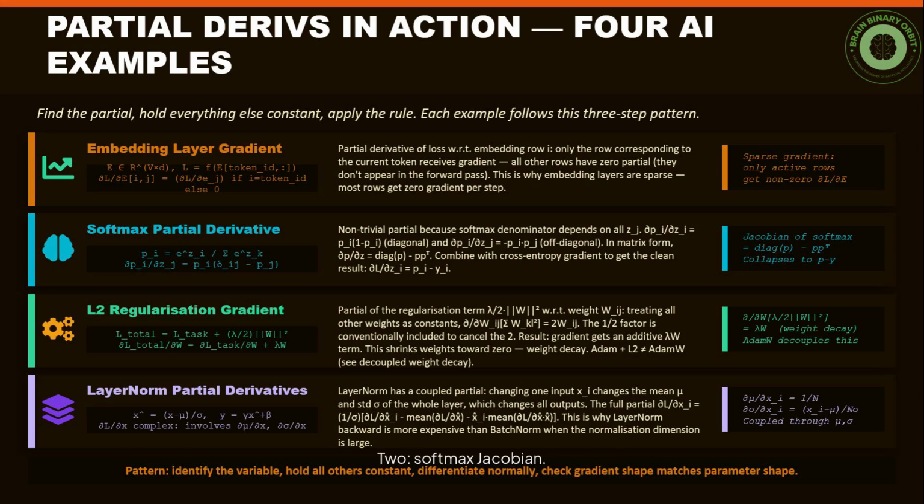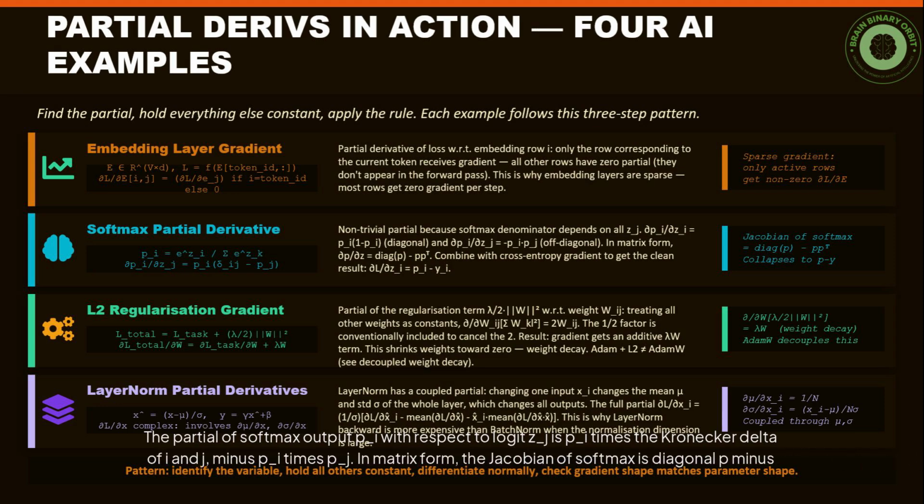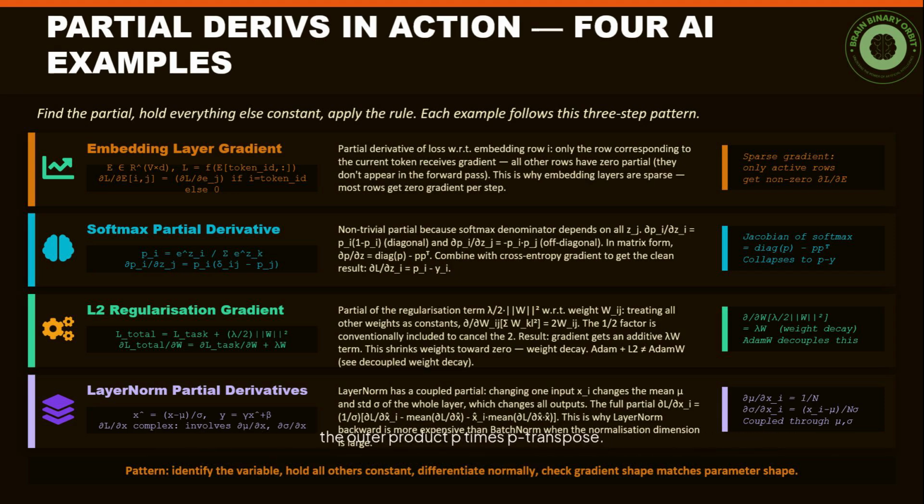2. Softmax Jacobian. The partial of softmax output p_i with respect to logit z_j is p_i times the Kronecker delta of i and j minus p_i times p_j. In matrix form, the Jacobian of softmax is diag(p) minus the outer product p times p transpose.